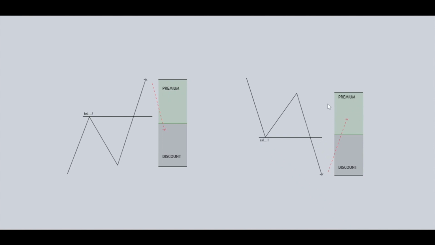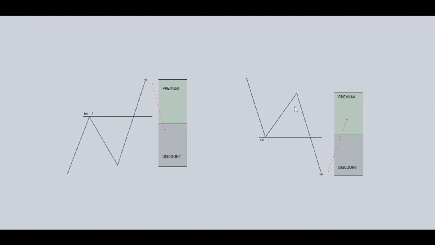So if you want to sell from this premium, you must wait for a certain pattern to happen here so that you can sell. Same thing here on the discount. The same pattern that happened here is the same pattern that must happen here on discount for you to consider buying, because there will be PD arrays here and also here.